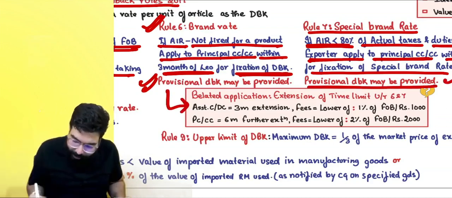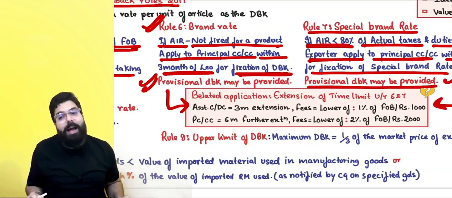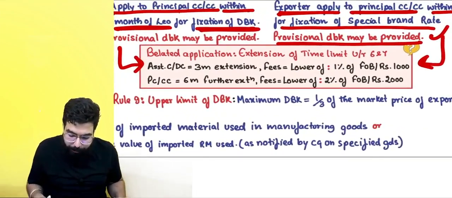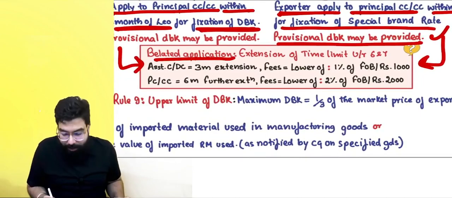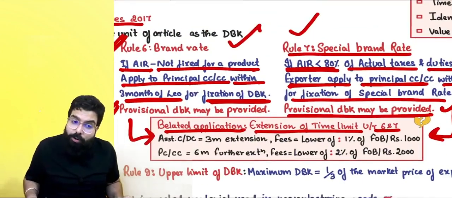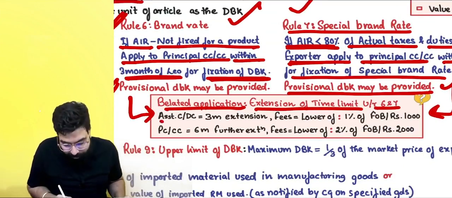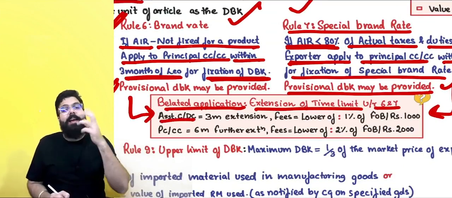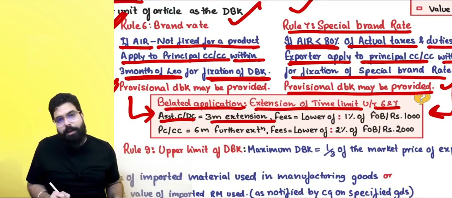Sir, if I don't apply within 3 months, then always remember, belated application, that is extension of time limit under rule number 7 and 6, is also possible. You can apply to the Assistant Commissioner or the Deputy Commissioner, and a further extension of 3 months can be given by him.